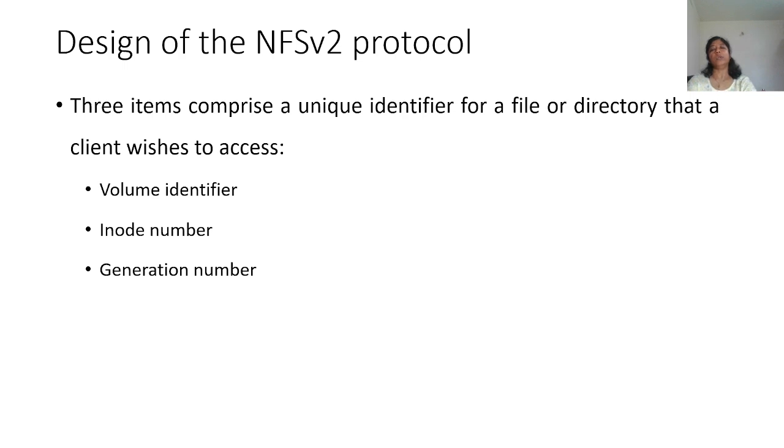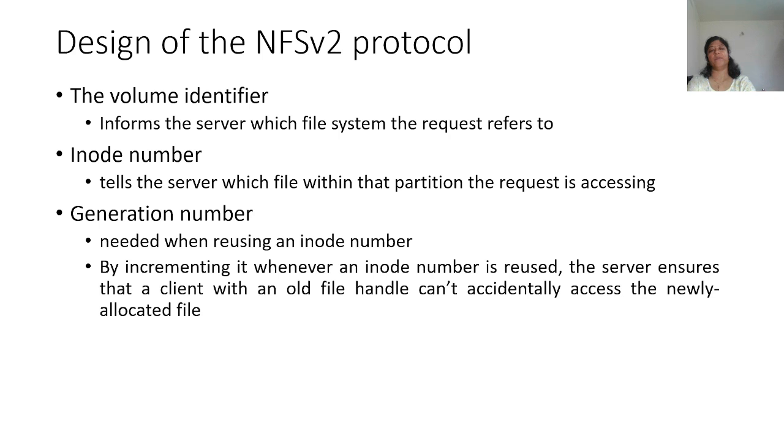Unique identifiers are a must when we are identifying any file or directory. So we are considering three important components for the unique identification of a file: the volume identifier, the inode number, and the generation number.